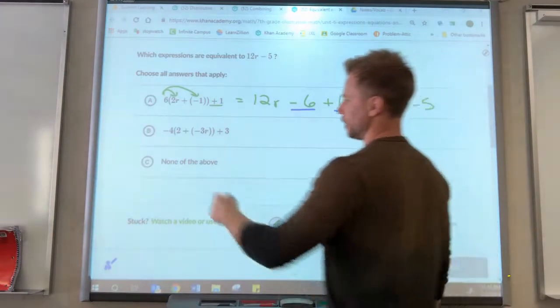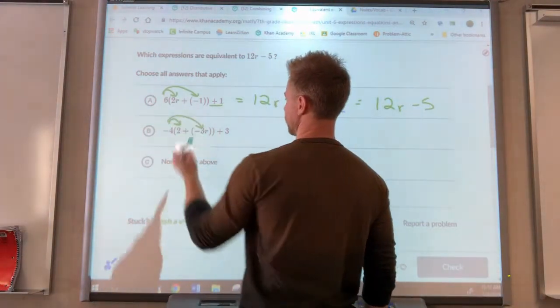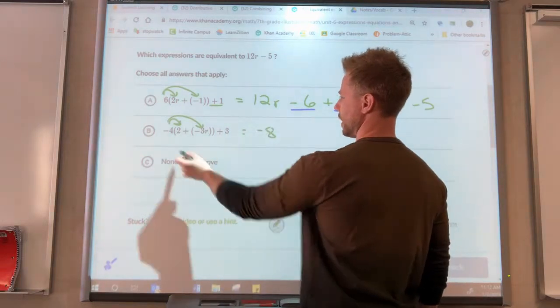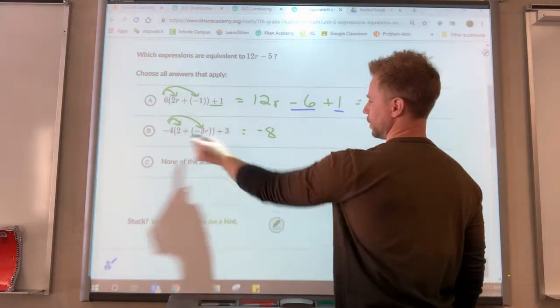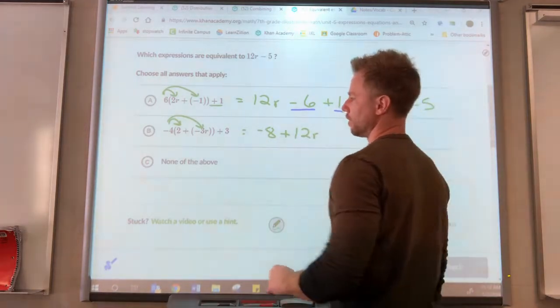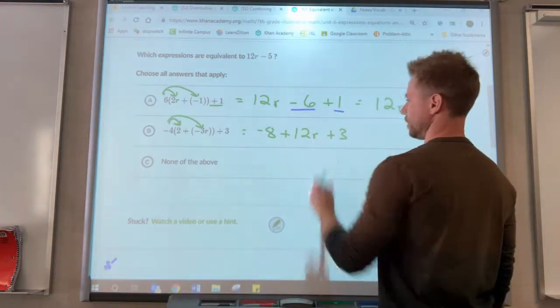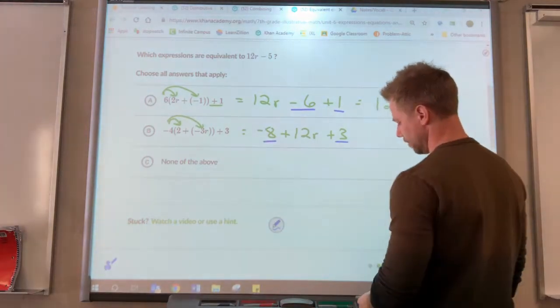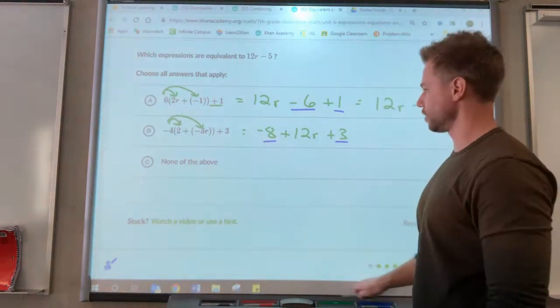Let's check the second one quickly to make sure we didn't make a mistake. Negative 4 times 2 is negative 8. Negative 4 times negative 3. Two negatives make a positive. It's going to be a positive 12r. And then we add 3 on the end. Then our 3 and our negative 8, those are unlike, so we subtract.